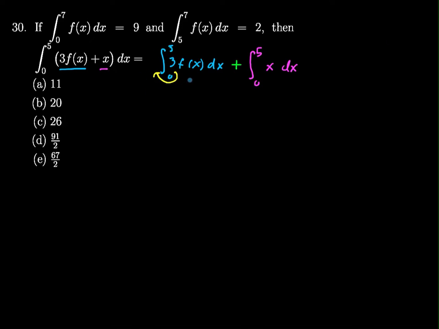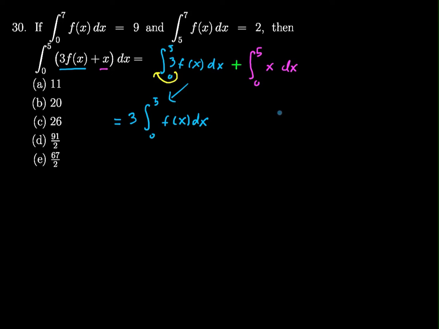So this right here will be equal to 3 multiplied by the integral from 0 to 5 of f of x dx. And I'll keep going with this.